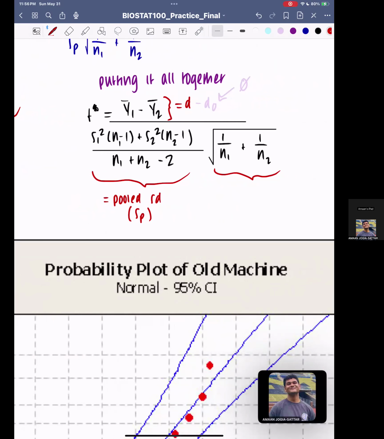But conceptually, this is the same as our more simple t-statistics, where we are just taking an observed difference minus what we hypothesize it to be under the null, often 0, and dividing it by some degree of precision. And in this case, the main thing that changed between this and a one sample t-test is that we have a bit more of a complicated estimate of our precision because we are doing that across two samples. So our pooled standard deviation is going to be a little bit more complicated.